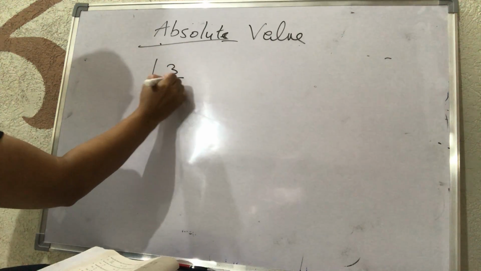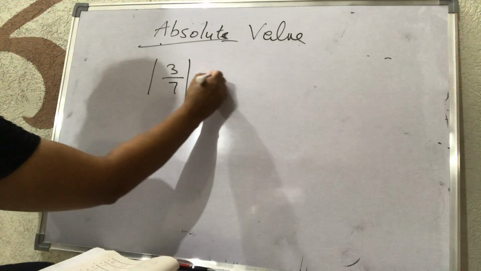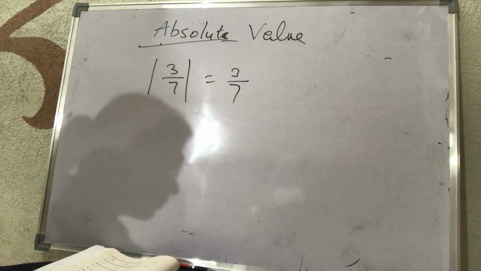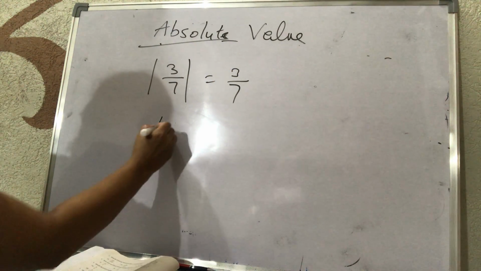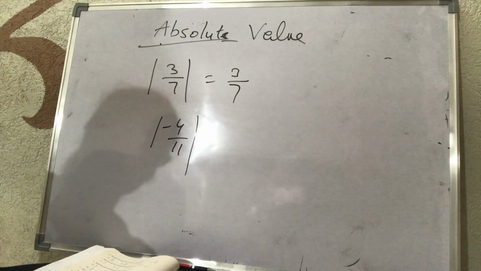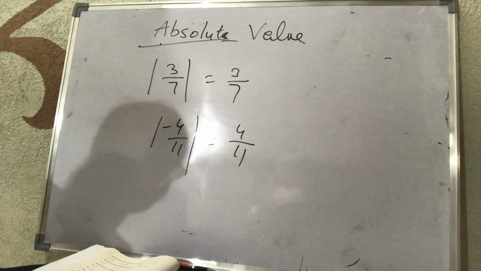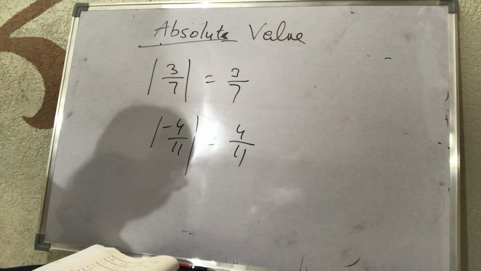Suppose we have the rational number 3 upon 7. 3 upon 7 is a positive rational number, so its value will be 3 upon 7, the same. But suppose we have minus 4 upon 11. This is a negative rational number. Its absolute value will be 4 upon 11. It becomes positive when it comes out of the absolute value.